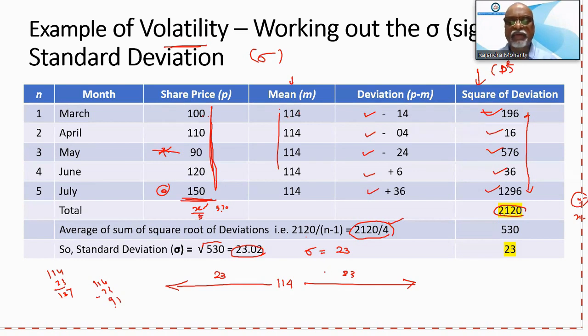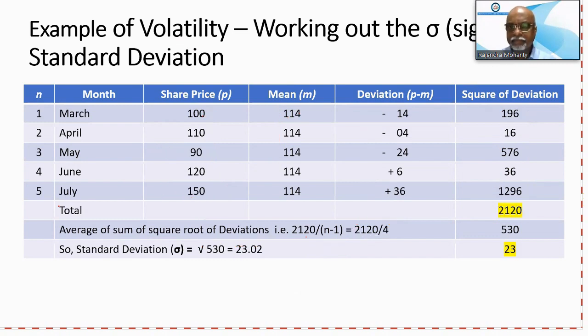So approximately 23 or 24 we can take as the answer. So I can say that the movement or volatility of this share from the mean was 23. So easily you can understand that volatility means the price has come down by 23 and the price has gone up by 23 during this period of March to July. Okay, is it clear?